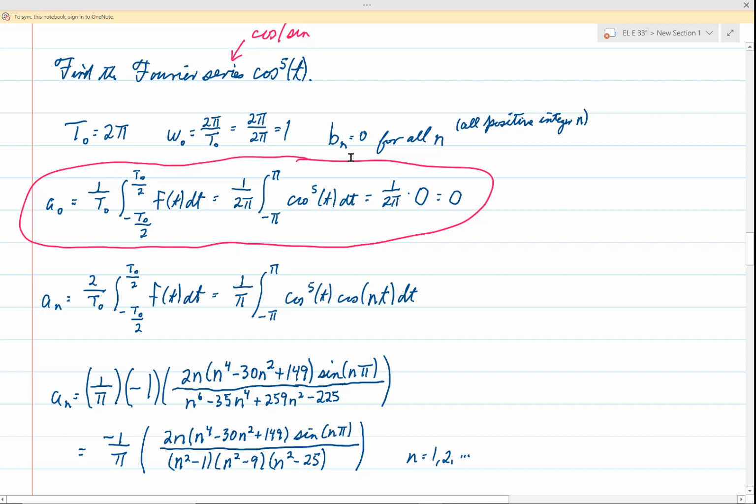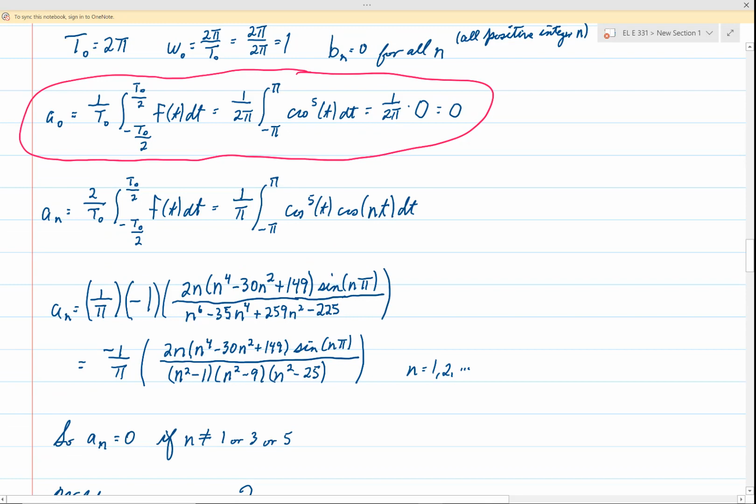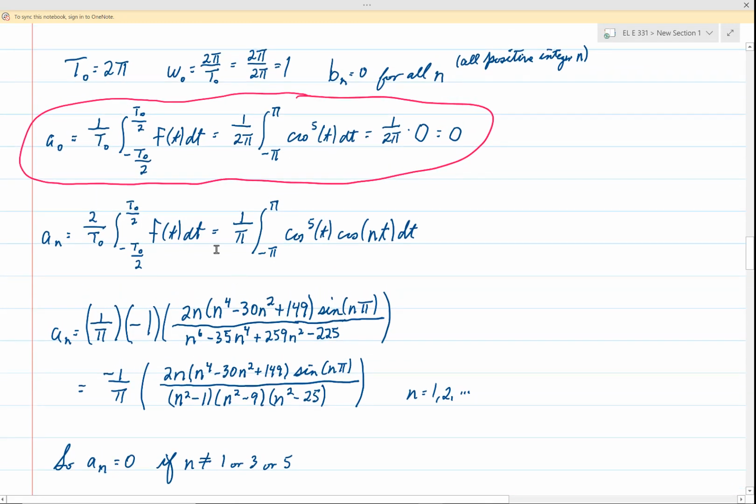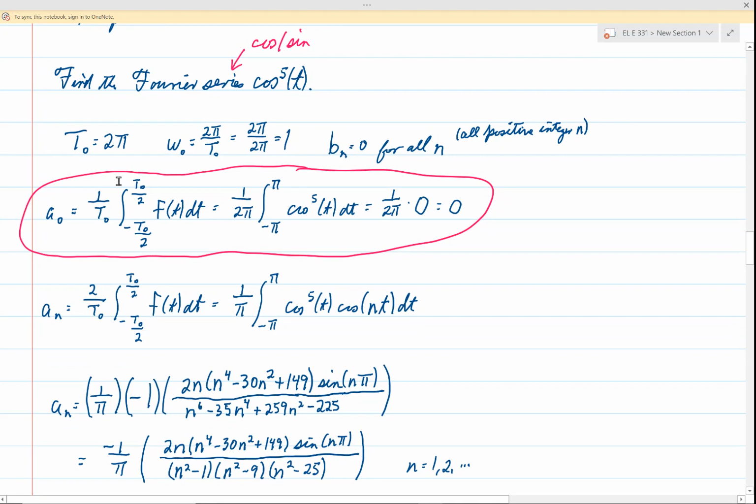Now, omega naught is equal to 1, and then in the expansion, Bn is equal to 0, so the terms in the expansion are going to be A naught plus the summation n equals 1 to infinity of an cosine of nt, not 2nt like we had before, because in the previous case, omega naught was equal to 2, and so we had cosine of 2nt. But here, omega naught is equal to 1, so we just have cosine nt.